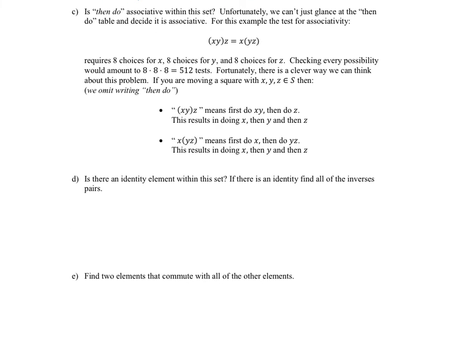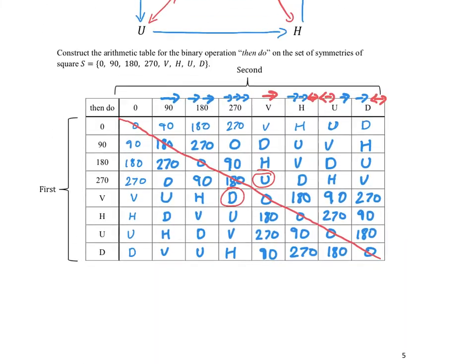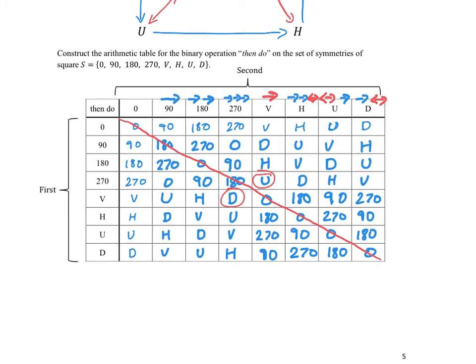Okay, next up, the identity element. Is there an identity element within the set? If there is an identity, find all of the inverses. Okay, let's go back to our table, search for an identity, and find the inverses. So the identity always comes up as a copying of the labeling column or the labeling row.